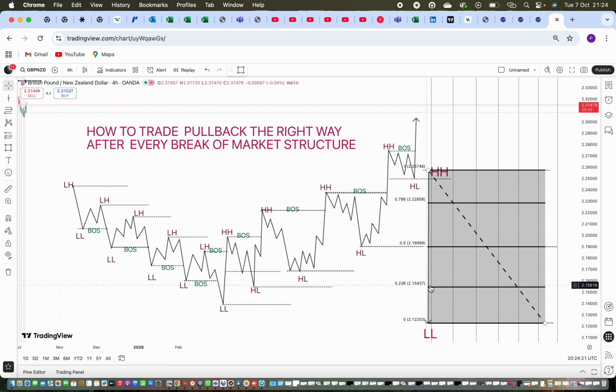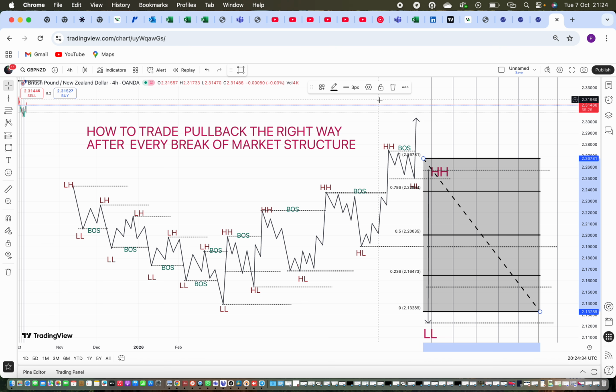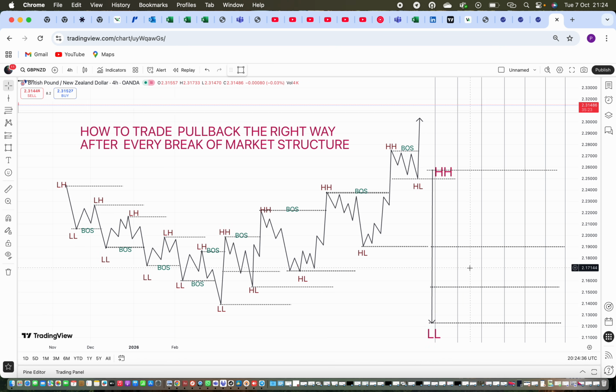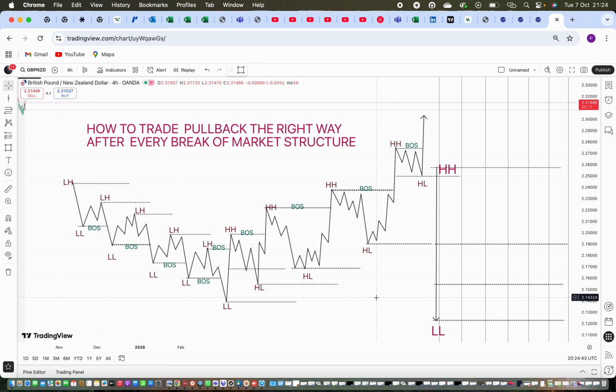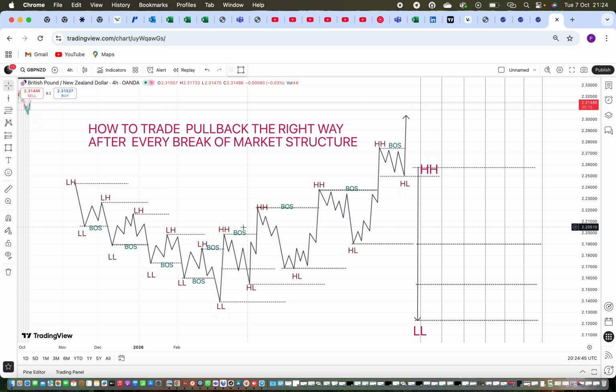So we assume we want to see price trade to, let's say, in between 50% and also 20 something percent on these two. All right. So we have marked those levels, we delete that. So notice that we have our 50%, we have our 20 something percent. And like I said, we want to see price pull back all the way to below the 50% to have a change of market structure.